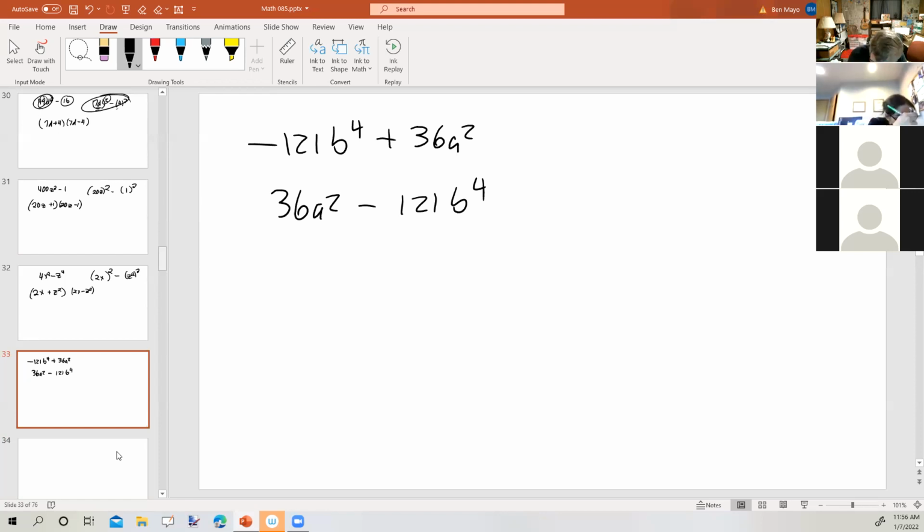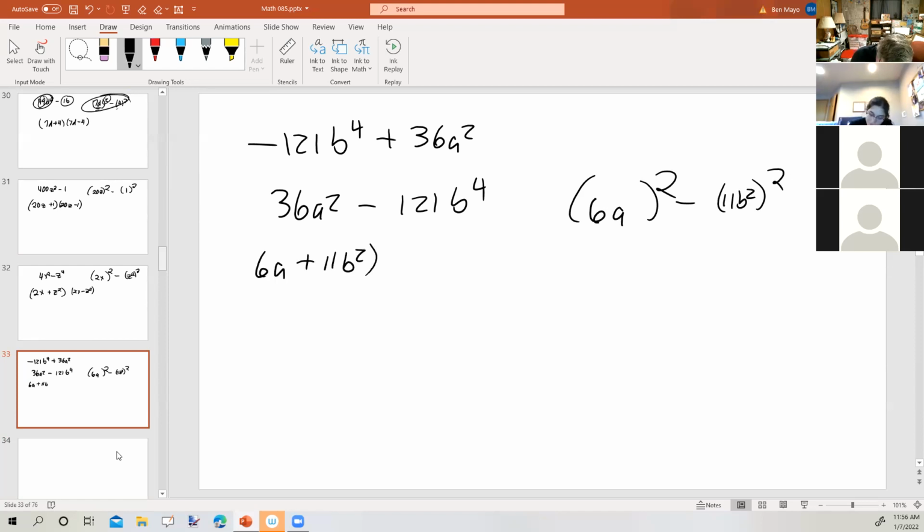So now I've got 6a squared minus 11b squared quantity. So I get 6a plus 11b squared times 6a minus 11b squared.